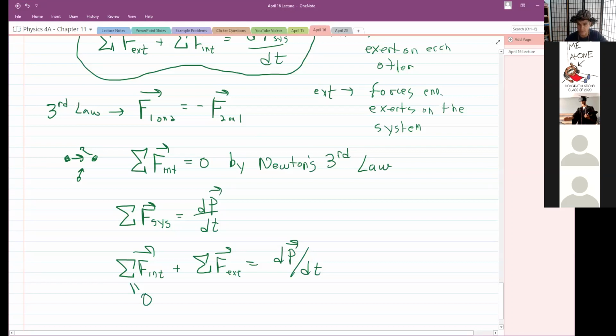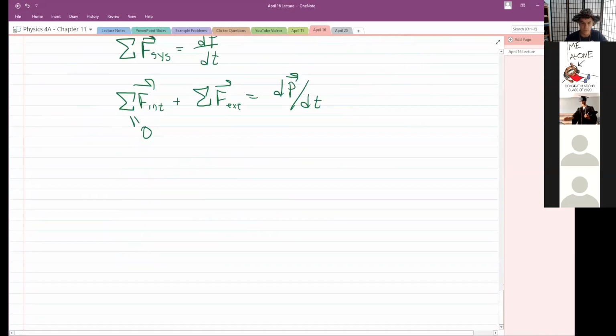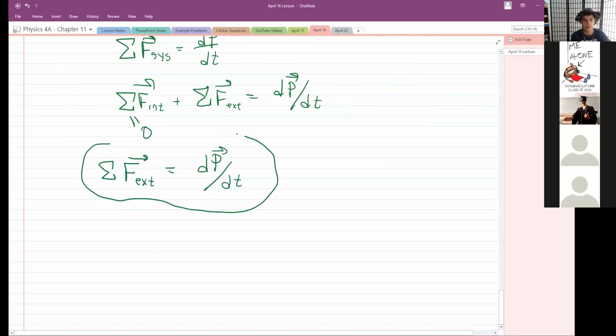It has to be. So this isn't conservation of momentum, but I've reduced this to the sum of the forces on a system from outside the system. Sum of the external forces equals the change in momentum of the system. So this left-hand side is all external forces on the system.